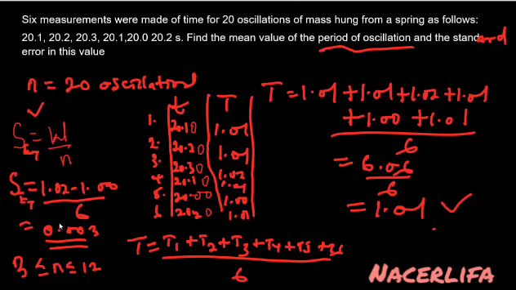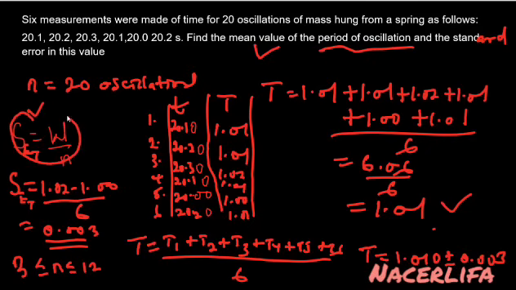Of course, we can now write the value of the period as T equals 1.010, plus or minus 0.003. But the question is asking us to find the mean value of the period, which we have found, and the standard error in this value. So we have utilized this formula to find the standard error.